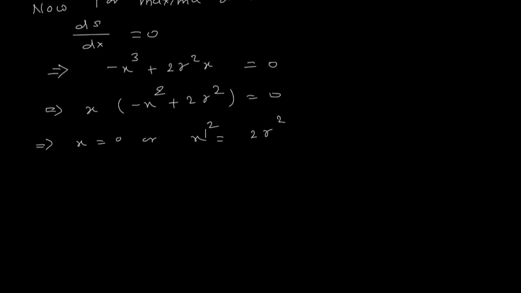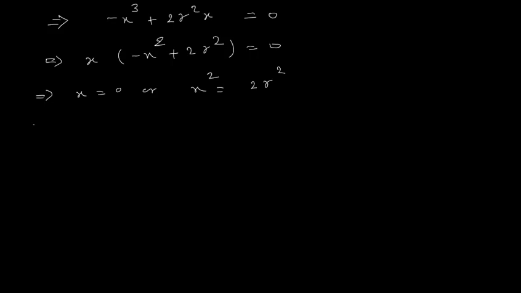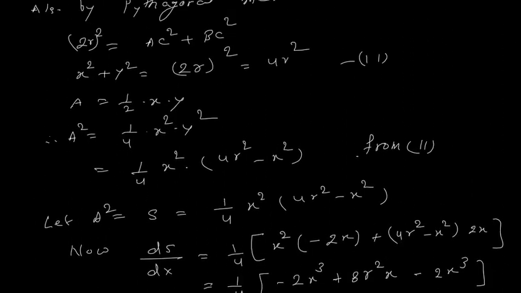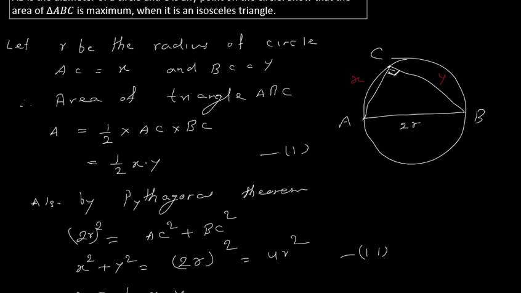That will indicate me either x is 0 or x is root 2 times r. But if x is 0, then it will not be a triangle, right? When we take x is 0, then what will happen? We will get a straight line.